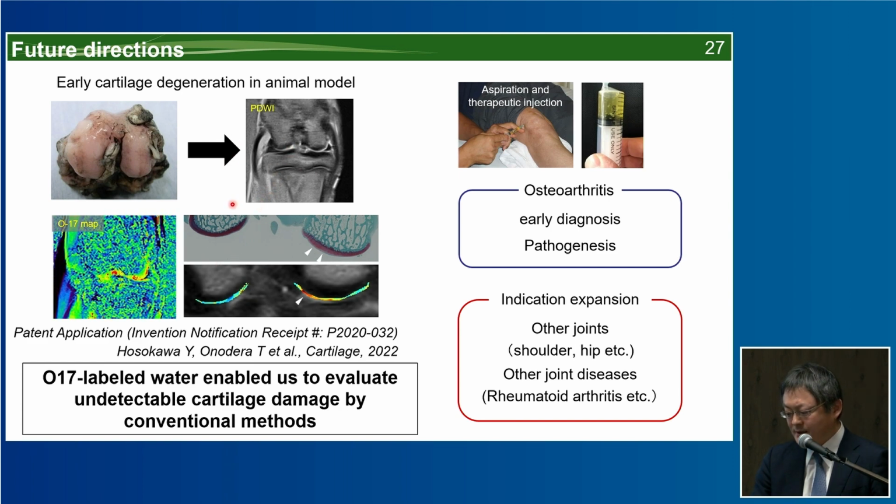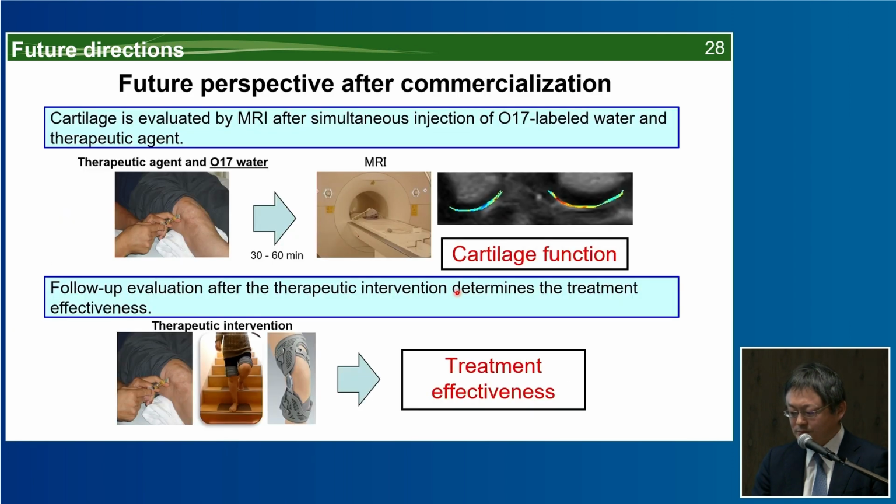Hence, the 17O labeled water enables us to evaluate cartilage damage undetectable by conventional methods. This technique not only enables early diagnosis of OA, but also has the potential to contribute to the elucidation of the pathogenesis. Furthermore, this application could be extended to other joints or other diseases in the future.